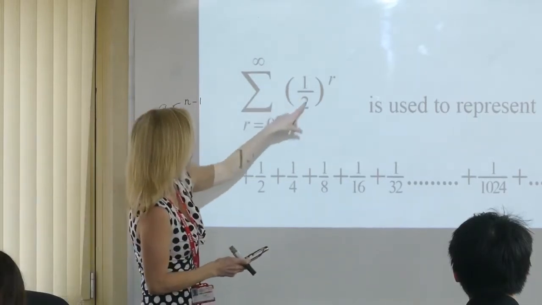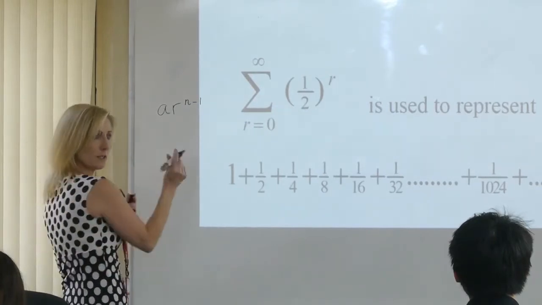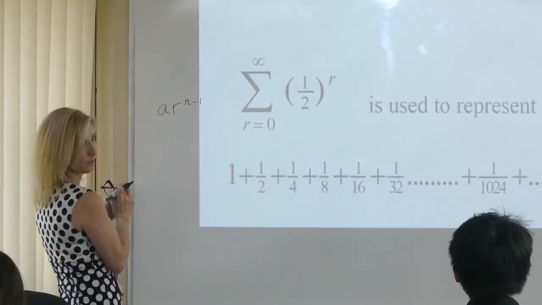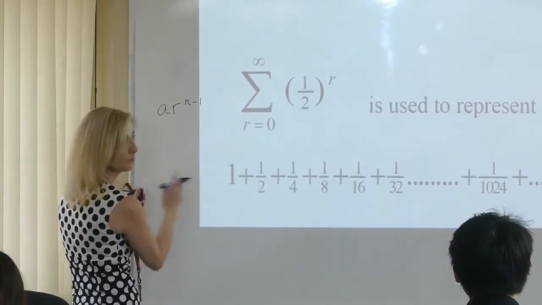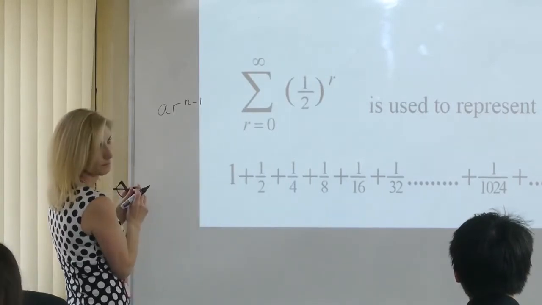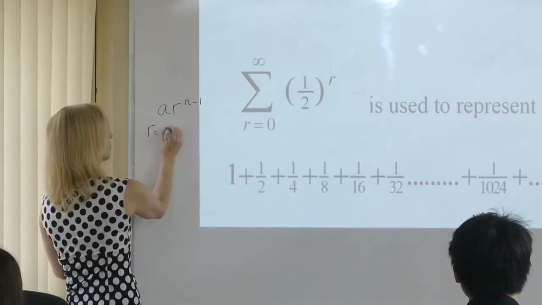So what was the r value? What was our constant ratio value? Bryant, what was our constant ratio value in this sequence? What was our ratio value with this sequence? 1 over 2. So r was 1 over 2.